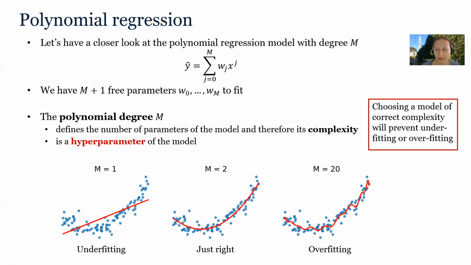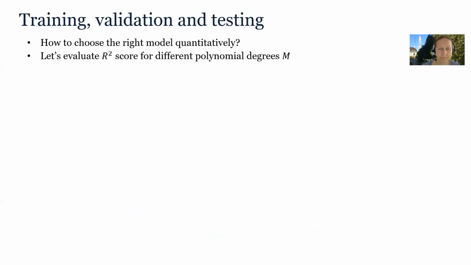So from this example, you can see that choosing a model of the correct complexity will prevent underfitting or overfitting. Now the question is, how can we choose the right model quantitatively? Because we have a polynomial regression task, we can evaluate the R2 score for different polynomial degrees m.